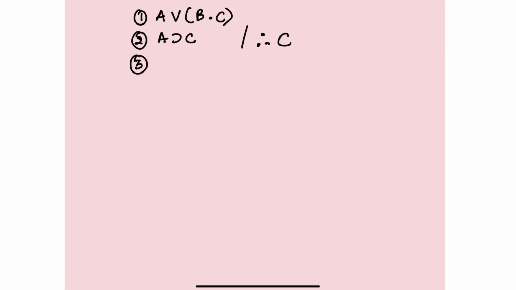So let's take the first example. In the first example, let's take A wedge B dot C, then next is A horseshoe C, and your conclusion is therefore C. So the conclusion is C. First, second premise, and in the third what we will be doing is taking the negation of the conclusion.